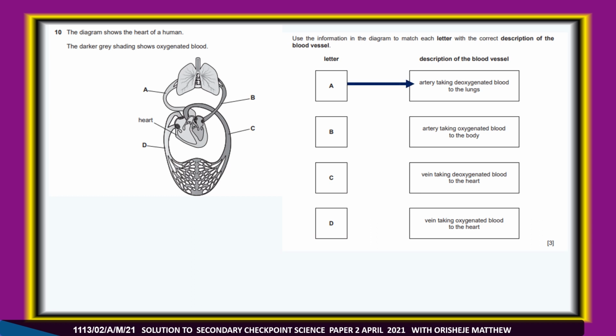Artery taking the oxygenated blood to the lungs. Vein taking oxygenated blood to the heart. Artery taking oxygenated blood to the body. Vein taking deoxygenated blood to the heart.